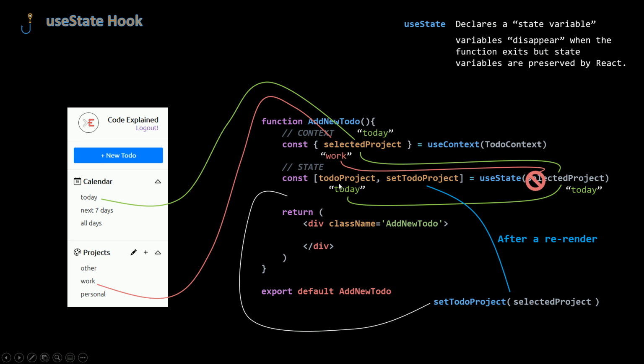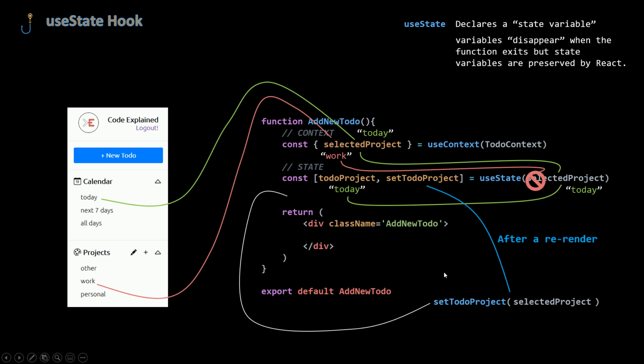And if you remember, whenever you change a state, this will cause your component to re-render. So when add new to do re-renders, we go and call my setToDoProject. That will cause this to re-render. Then we call this re-render. Then we call this re-render. So it's going to be an infinite loop. So React must stop that, and it's going to show you an error message.